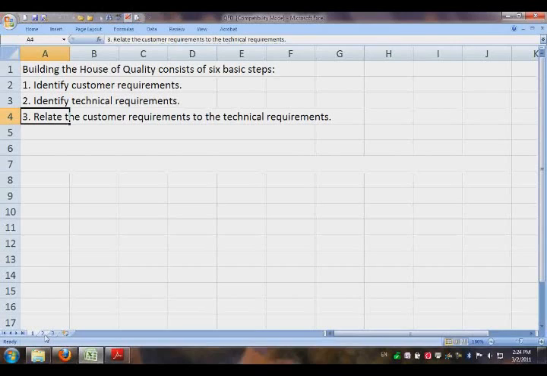Step number 4, conduct an evaluation of competing products or services. So we want to do a competitor evaluation. First, the customer ranks the importance of each requirement.